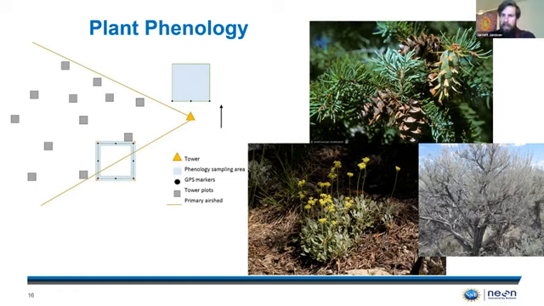And then to the right, you can see the species that we are monitoring, which include Douglas fir or Pseudotsuga menziesii, sulfur flower, or Eriogonum umbellatum, and big sagebrush, of course, Artemisia tridentata.